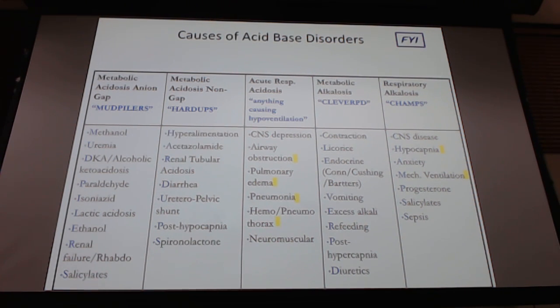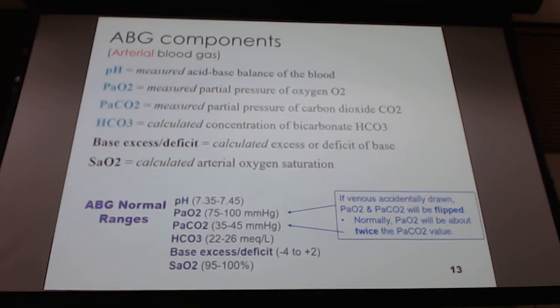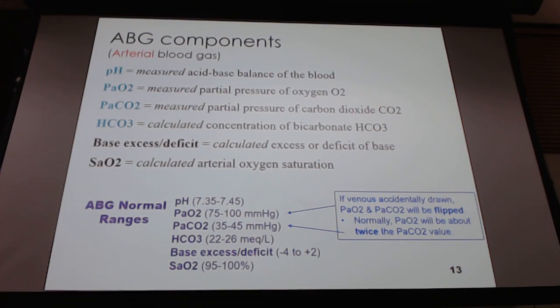We'll talk about the vent and having to adjust the respiratory rate. Blowing off too much CO2. And then some chemical causes as well. But again, don't memorize this. Just think hypoventilation, blowing off too little CO2 causes acidity; hyperventilation, blowing off too much CO2 causes alkalosis.